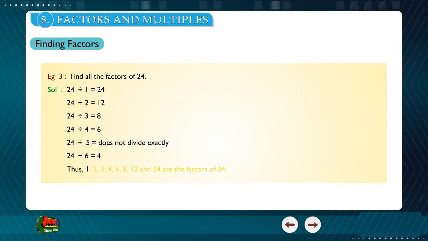Thus 1, 2, 3, 4, 6, 8, 12 and 24 are the factors of 24.